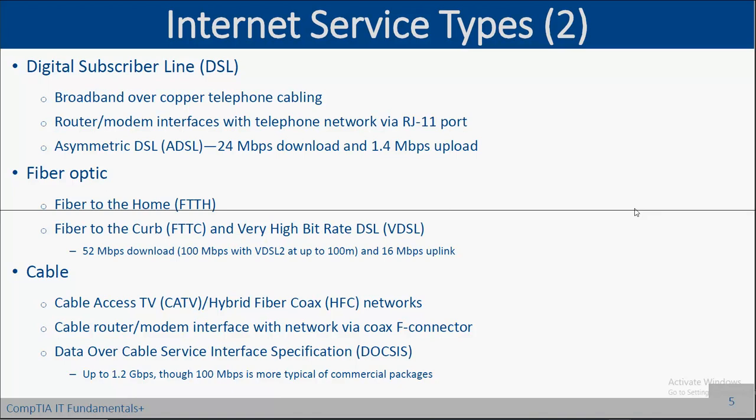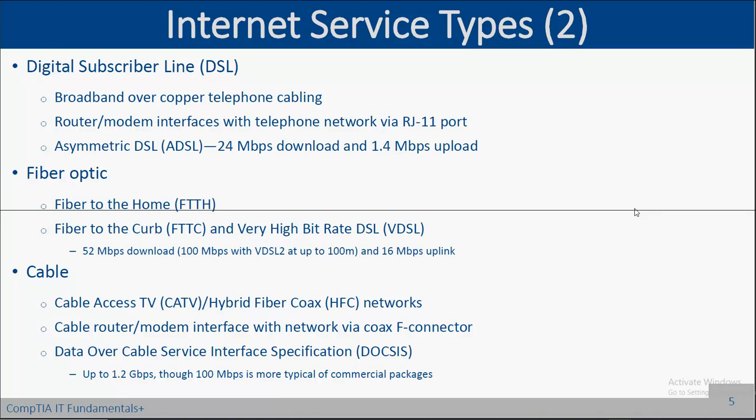Cable access, TV, right, also gives you access to the internet. It uses a cable, and the router modem interfaces with the network via a coax F connector. Or a lot of these newer modems actually use HDMI to connect. But again, just to connect to, let's say, your devices, but you still need that coax F connector cable.